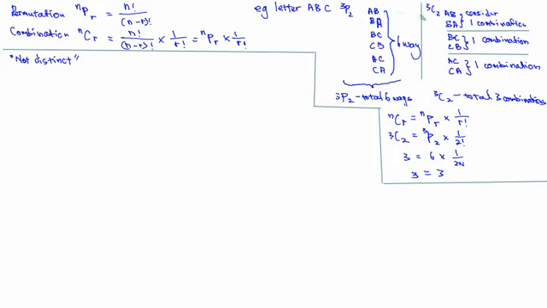Now, what about combination? 3C2. The selection is still the same: AB, BA, BC, CB, AC, CA. Okay, these are all the possible combinations that you can obtain if you select 2 from 3. But in terms of combination, if you get A first, B second, or B first, A second, there's no arrangement. You just select them.